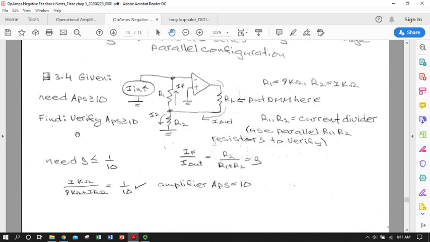And I will leave it to you to walk through an example where somebody uses an input current source and sends it into a parallel series negative feedback network, and figure out or verify that the gain is indeed greater than or equal to 10, which they needed for whatever they were doing with their load.